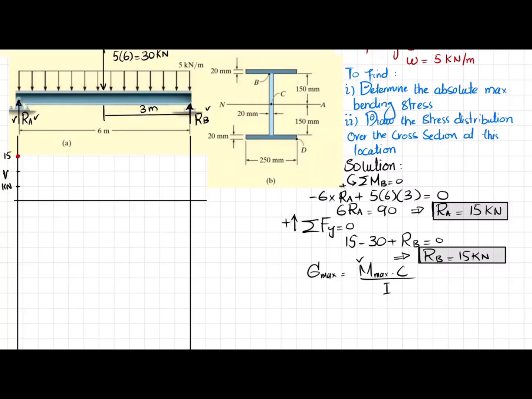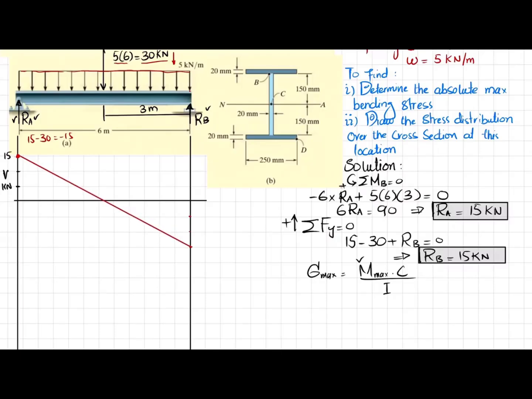You can see this is plus 15, and for the distributed load, this will be 5 into 6, which is 30, and that will be minus because it is downward. So 15 minus 30 will bring it to minus 15 at the end. So minus 15 will be this point.